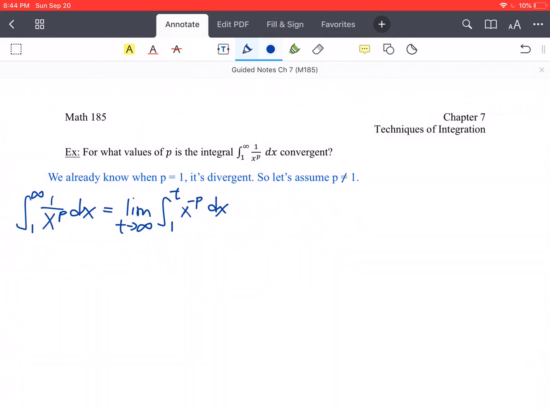This is the same thing as x to the negative p power. When we take the antiderivative, we have the limit as t approaches infinity. We add 1 back to the power, so x to the negative p plus 1, and divide by that same value, negative p plus 1, evaluated from 1 to t.